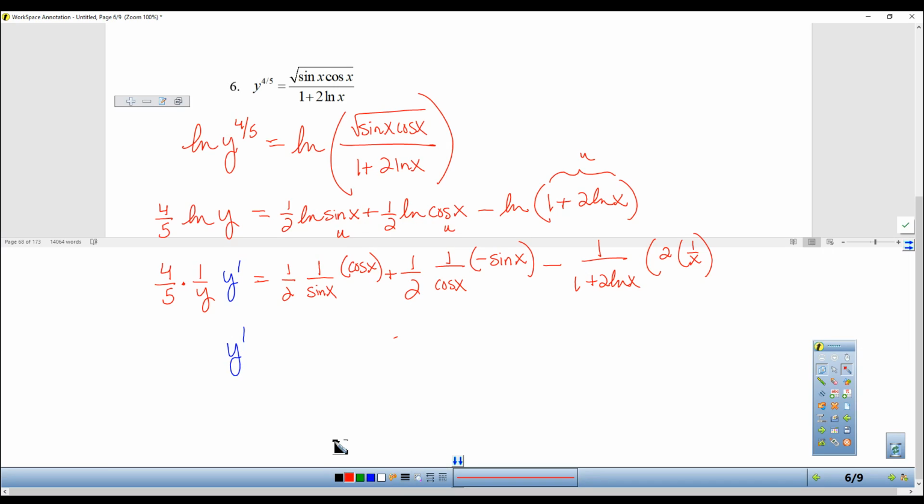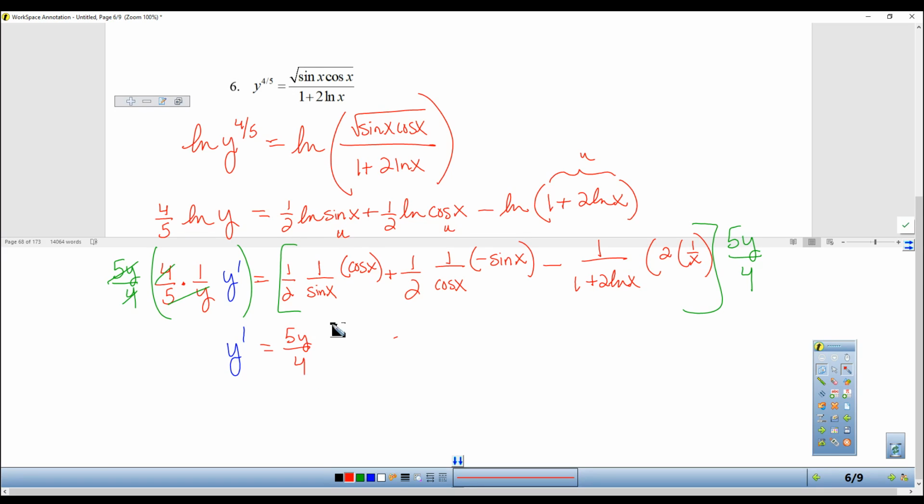Y prime is equal to, so I'm going to multiply both sides by 5y over 4 to cancel with this. So I'm going to multiply this entire side by 5y over 4. I'm going to put it on this side.